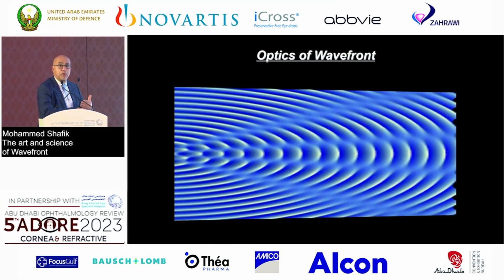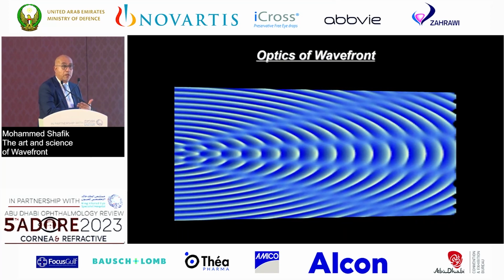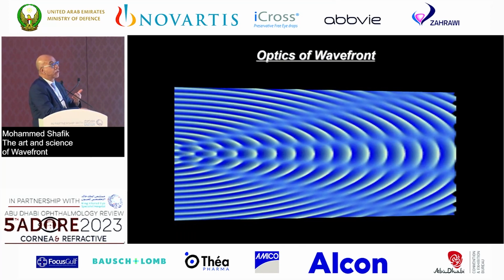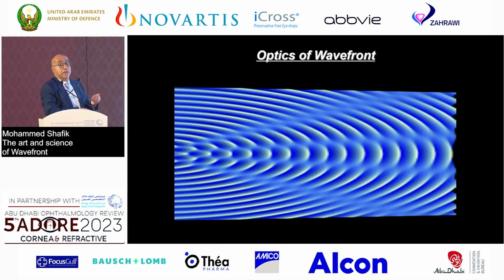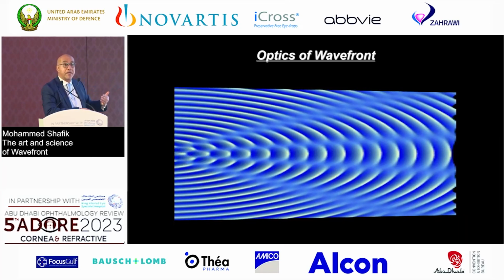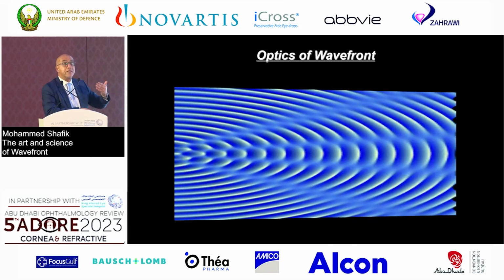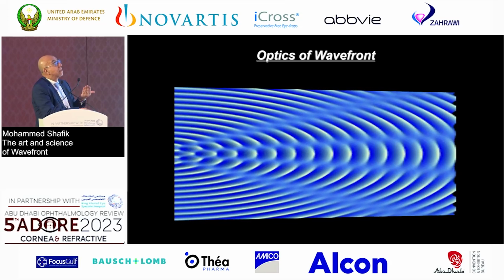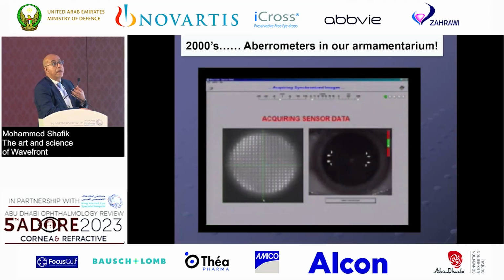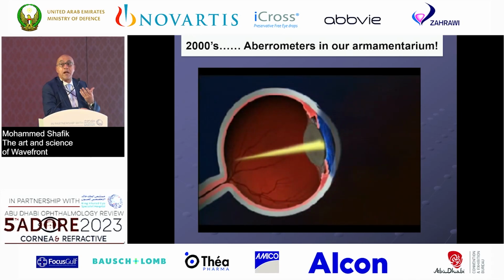So we were taught in optics that light travels in sheets or in waves, not in beams. But it took 70 years, until very recently, for us as ophthalmologists to be able to read these sheets, through the introduction of aberrometers in our armamentarium.